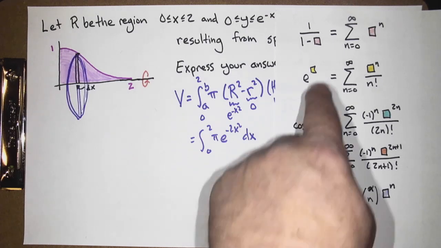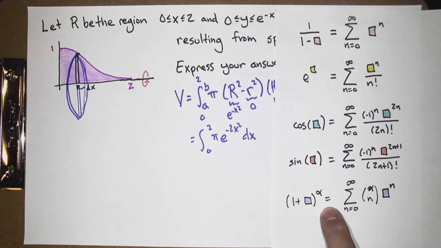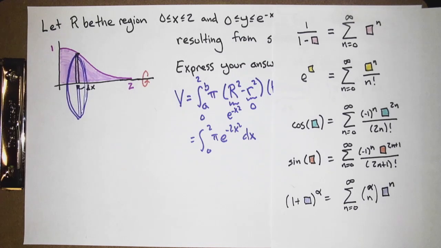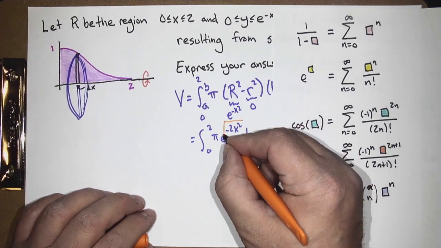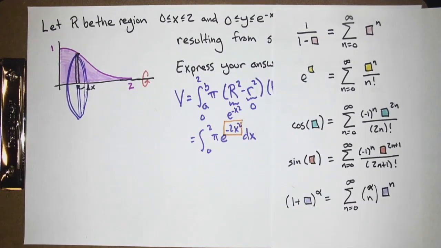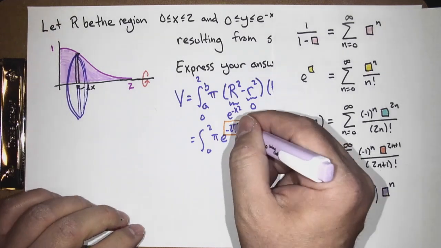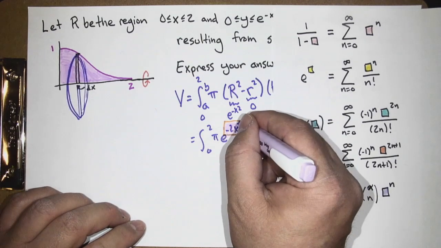Are any of our Taylor series going to be helpful here? Yeah, there's an e here. And we look and say, what's in our box? Minus 2x squared. So we say, cool, now we're ready to do some work.